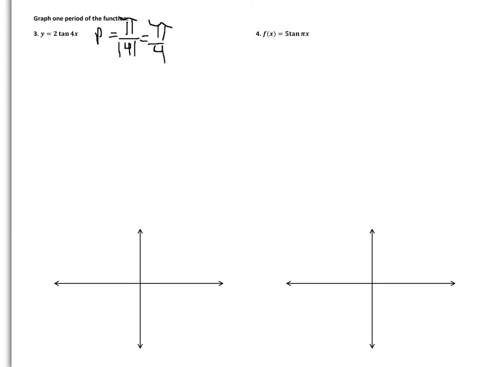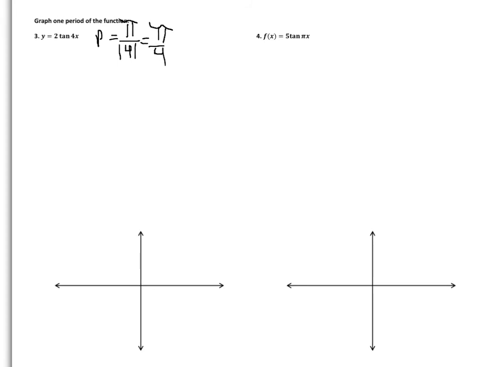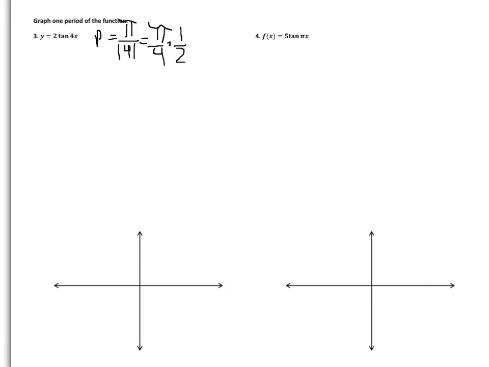Now for tangent, instead of dividing by 4, you need to divide by 2. Okay, so it's 1/2. So our scale needs to be pi over 8. So watch, what that means is, you go positive pi over 8, negative pi over 8. Because there's no horizontal shift.